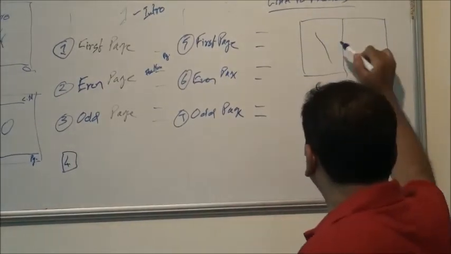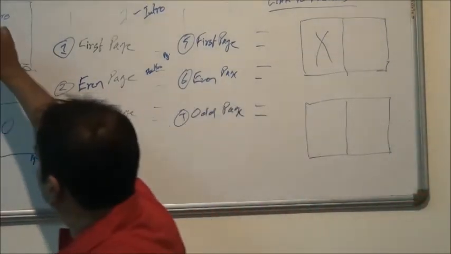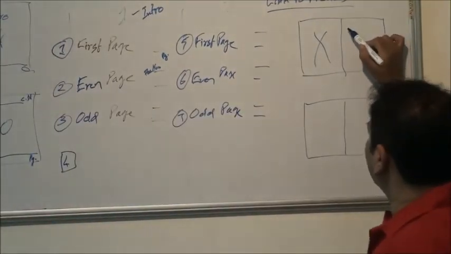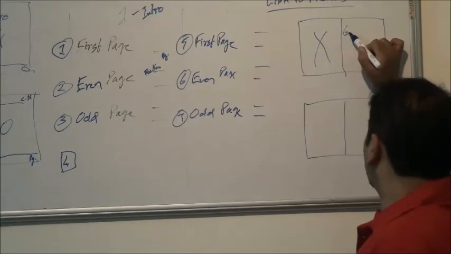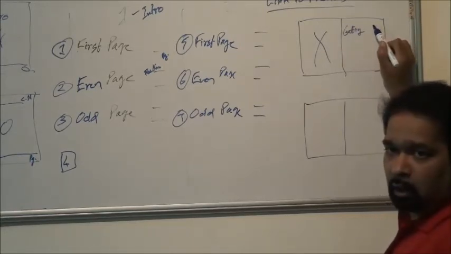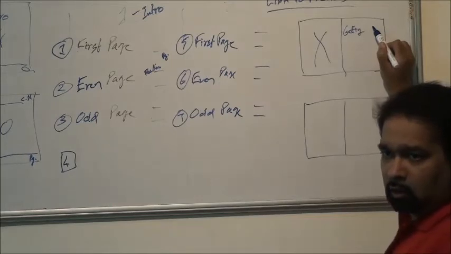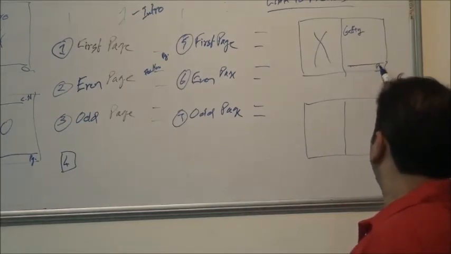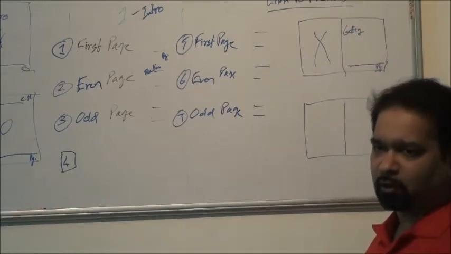Alright, so this is the earlier page, right? Tell me, if this is the getting started chapter, there will be heading here. What is the header? No header, blank. What is the footer? Page number in the outside corner.